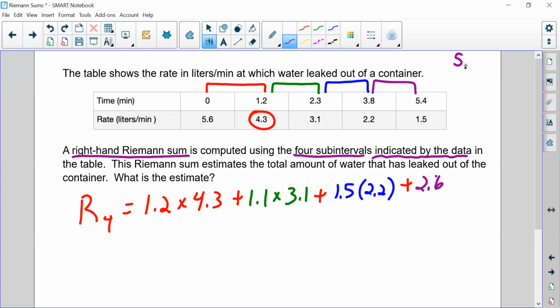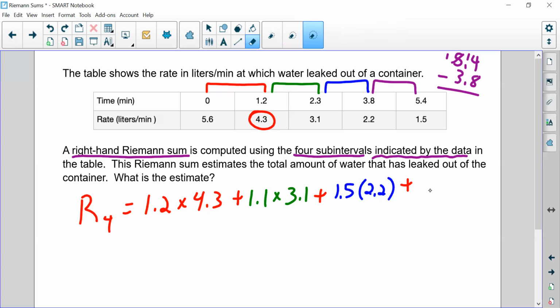You're taking 5.4 minus 3.8. So let's figure out what that is. That's 1.6. That's the 6 you have to borrow to get this. So that's 1.6. Okay.